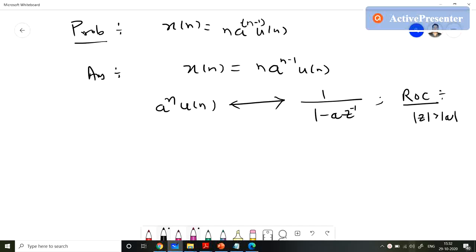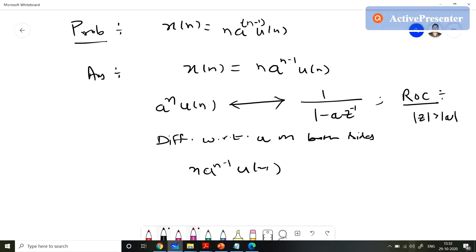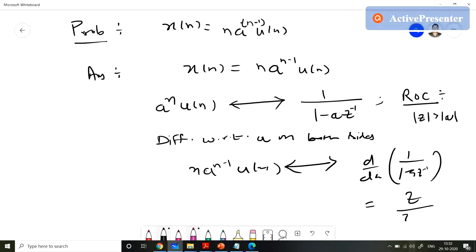Now differentiating with respect to a on both sides, we get n a raised to the power n minus 1 u[n] as the z transform, basically d by da of 1 divided by 1 minus a z inverse, which is equal to z divided by z minus a whole square, and the ROC is modulus of z greater than modulus of a, which is the same.